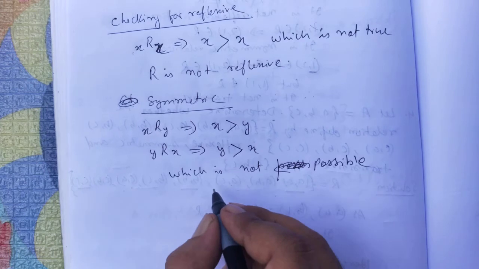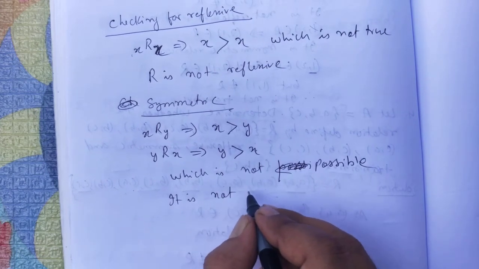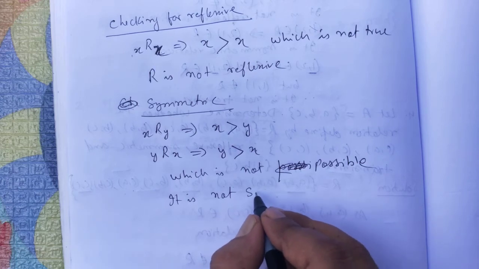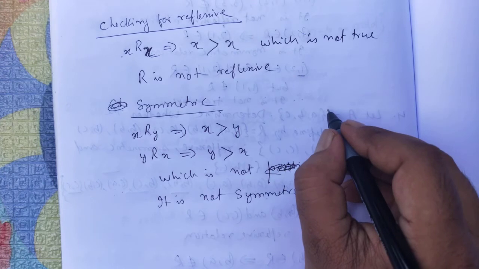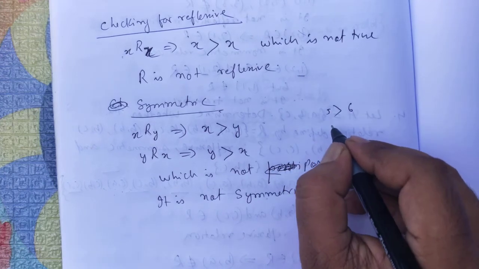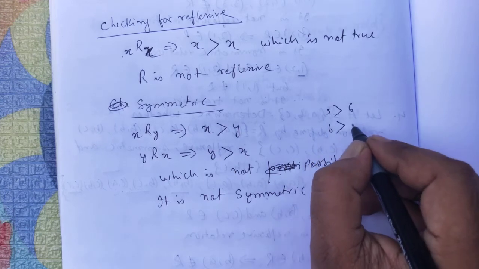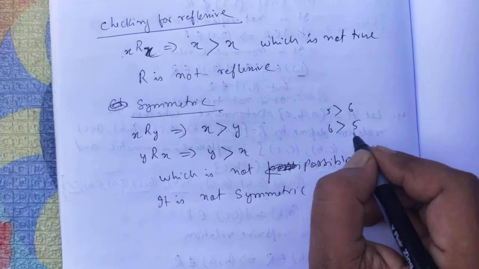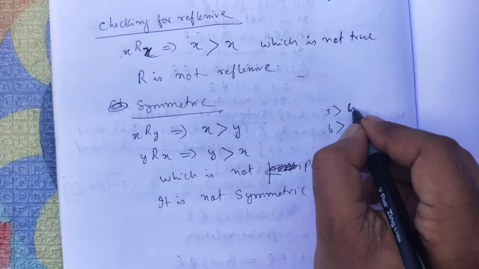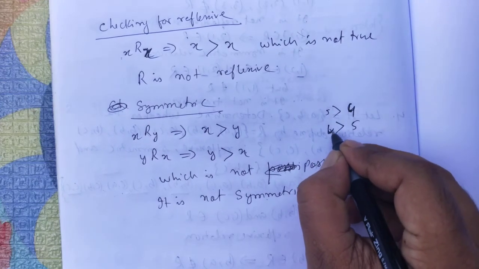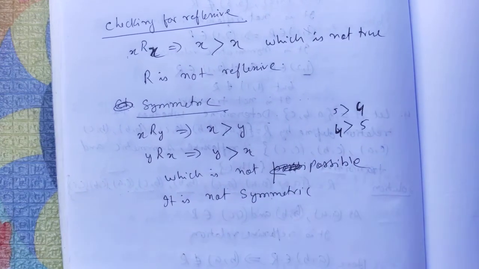That means it is not symmetric also. You can use numbers: 5 greater than 4, and 4 greater than 5, which is never possible. That's why it cannot be symmetric.